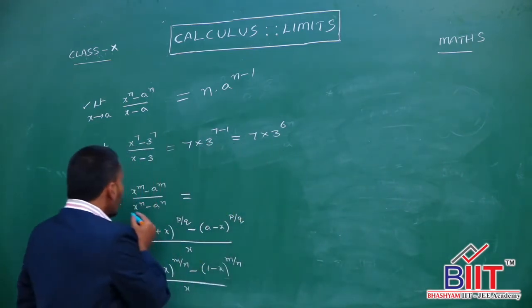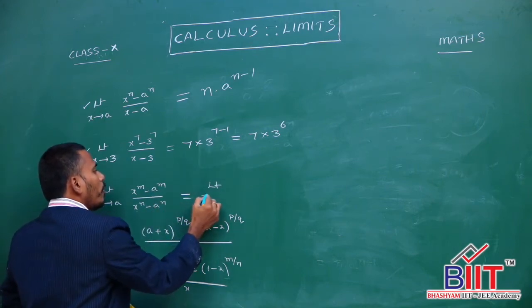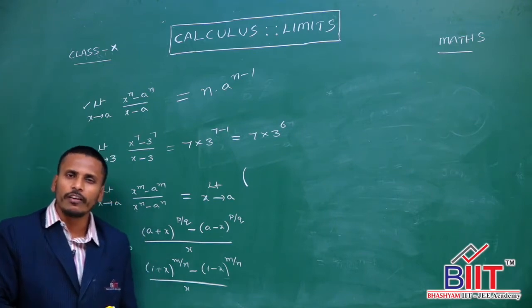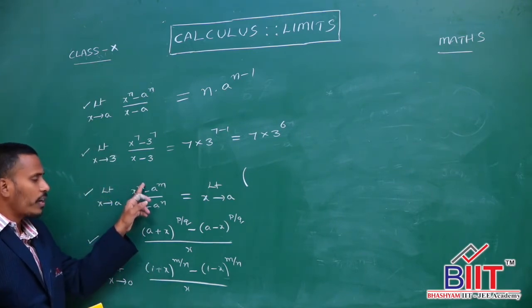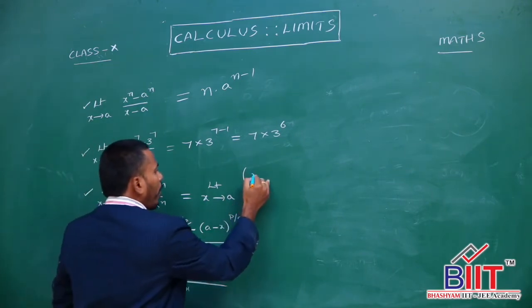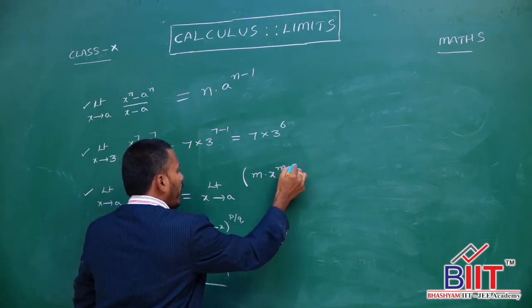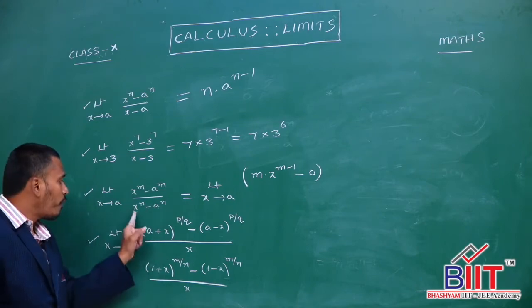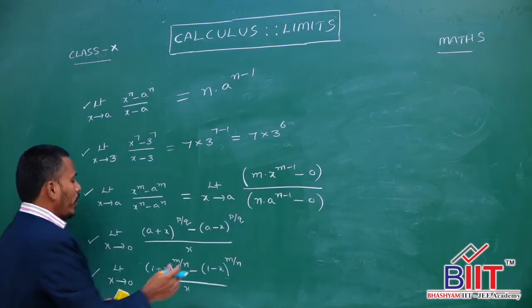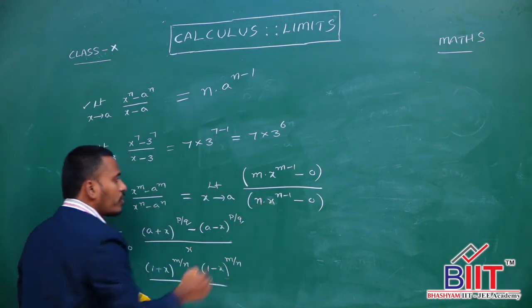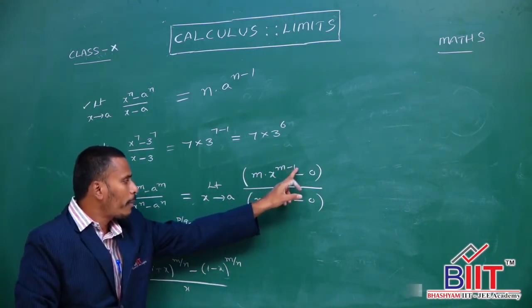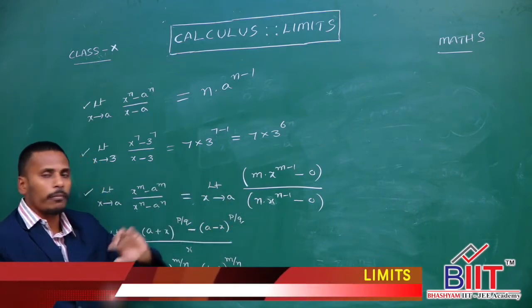So this is equal to limit x tends to a, the derivative of the numerator divided by the derivative of the denominator. For x power m, what is the derivative? m into x to the power m minus 1, minus 0, since a power m is a constant and its derivative is 0. And for x power n, what is it? n into x power n minus 1, minus 0. So, limit x tends to a, (m into x power m minus 1) by (n into x power n minus 1).